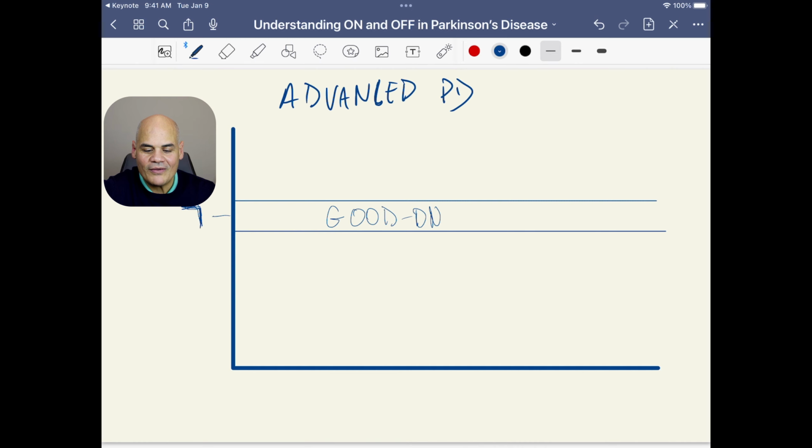And I want you to follow this because I want you to understand a few things, right? So, as long as the dose of the medication is within this range during the day, the patient typically feels good, the tremors are better, there is typically less freezing of gait, there are no dyskinesias, and the patient is not off, right? So, this is what we're learning at this point, right?